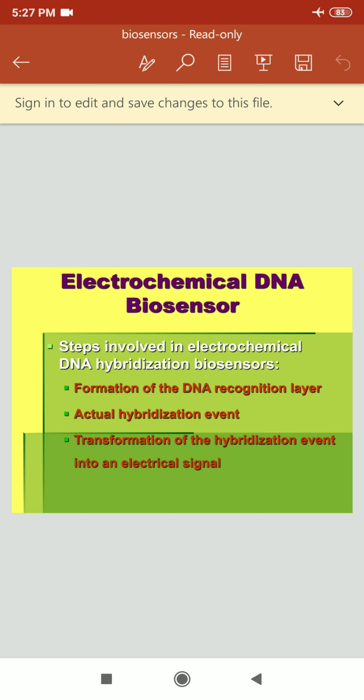Electrochemical DNA biosensor: the DNA hybridization biosensor, and formation of a DNA recognition layer. Ultimately the hybridization event is done, and the hybridization is transformed into electrical signals.